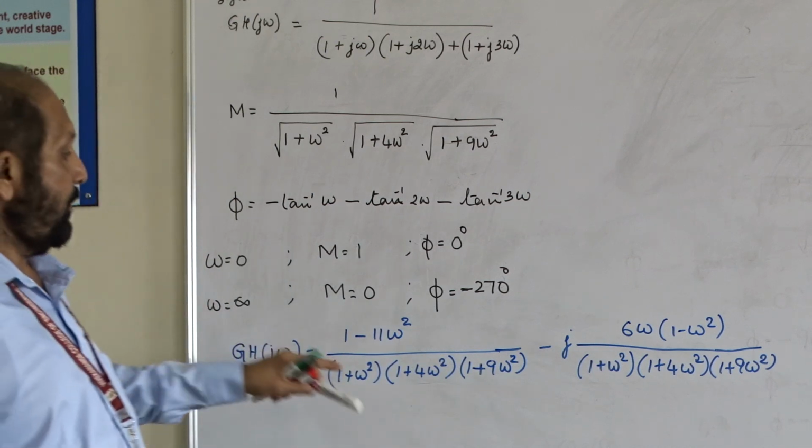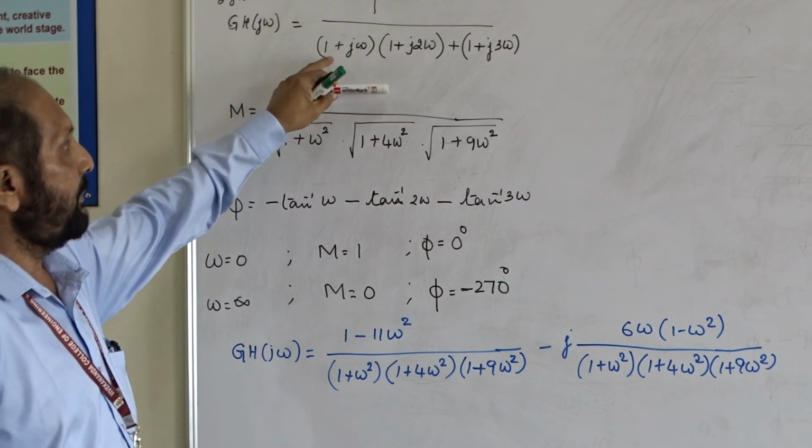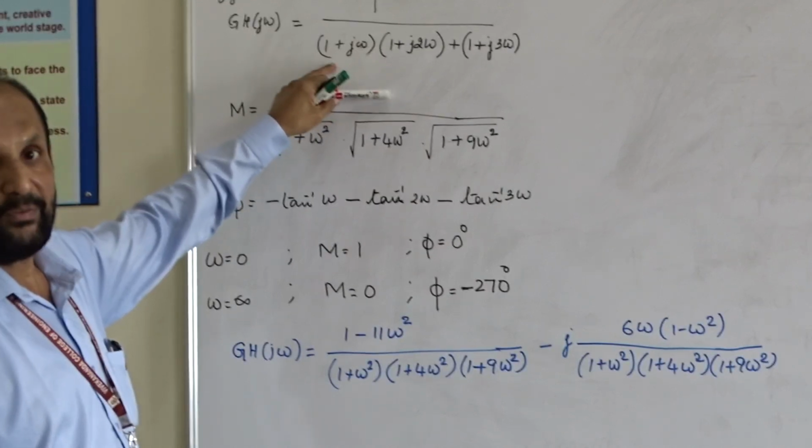This is obtained by multiplying the given open loop transfer function with the complex conjugate of the denominator.